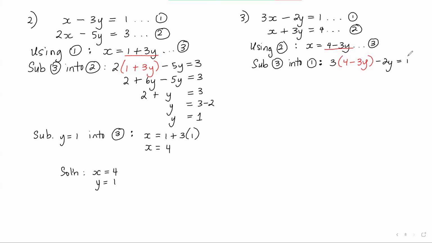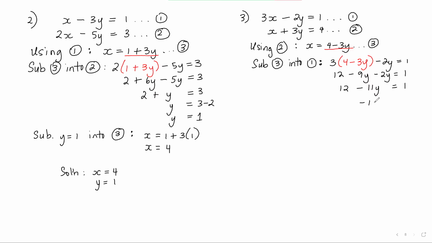So simplifying and solving now for y, I get 3 times 4, which is 12. 3 times minus 3y is minus 9y. Well, minus 9y minus 2y is equal to 1. So this would be 12 minus 9 minus 2 is minus 11. So that's minus 11y is equal to 1.